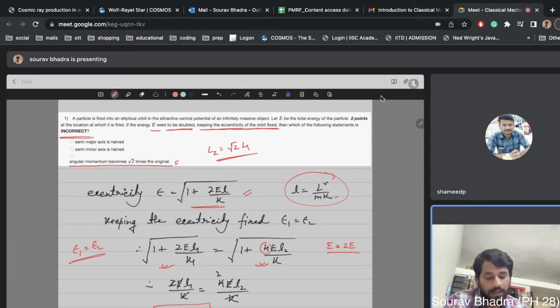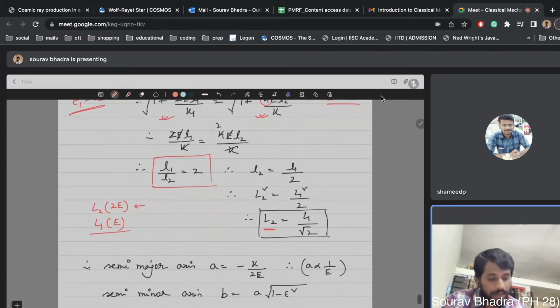Now if we want the semi major axis and semi minor axis, then the semi major axis can be written as minus k by 2E. I have also done it in my previous videos. Just go to that video, you will find it.